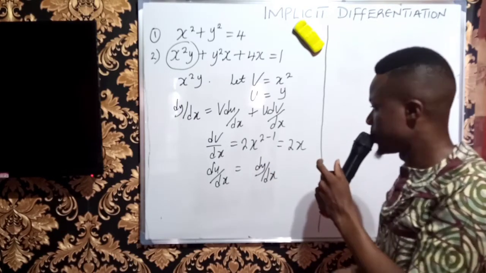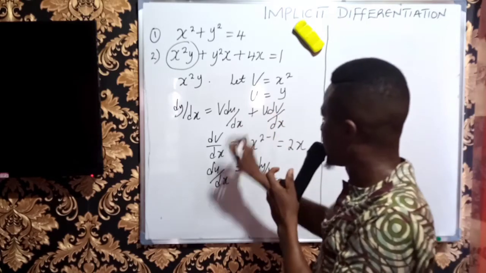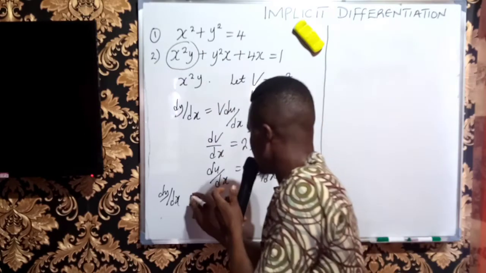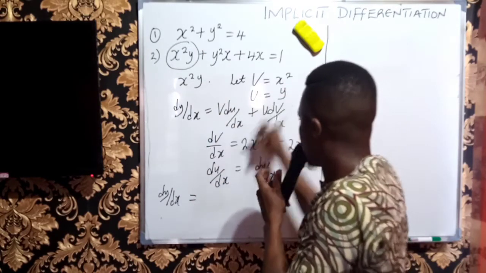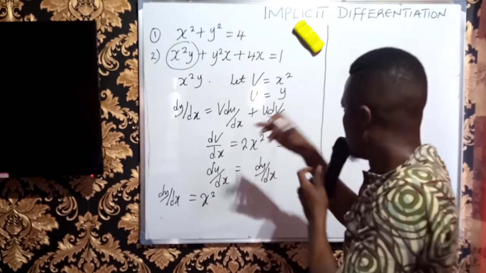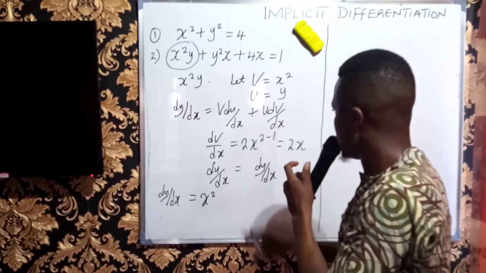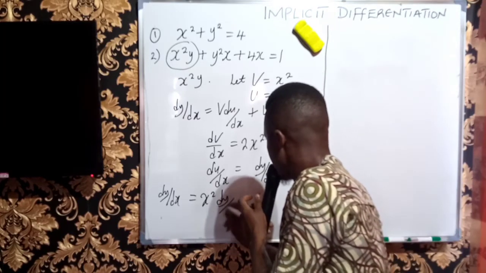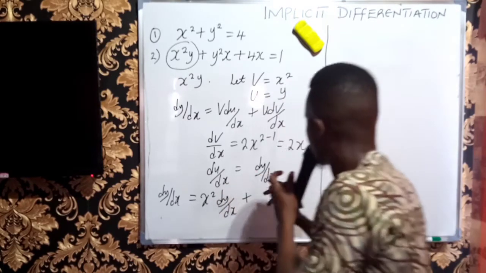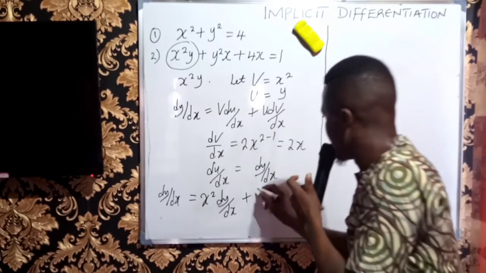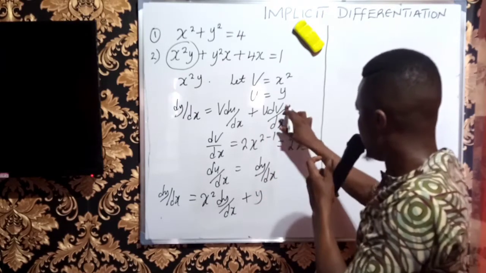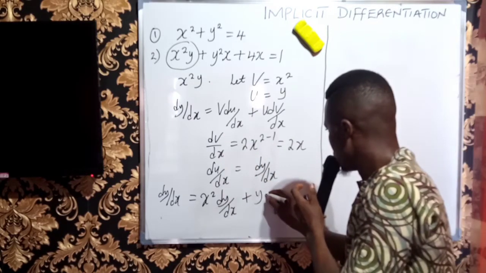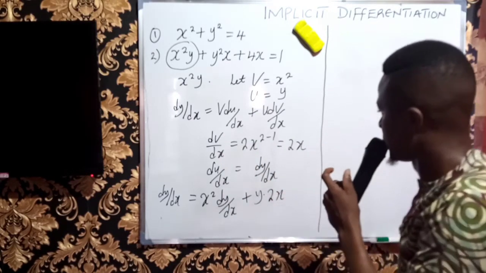Then, joining together, dy/dx for that particular term only will give me v, which is x squared, multiplying du/dx. du/dx gave me dy/dx, so I'll attach dy/dx, plus u, my u is y, times dv/dx. dv/dx gave me 2x, so it is multiplying 2x.